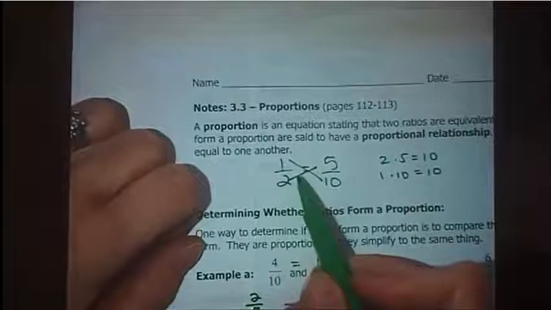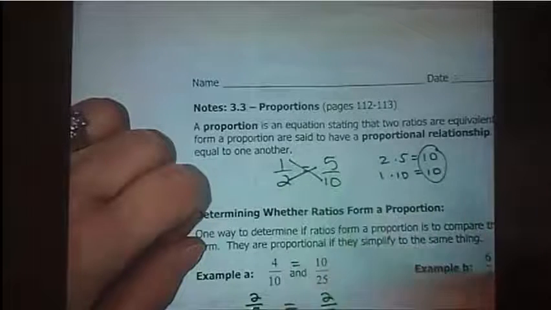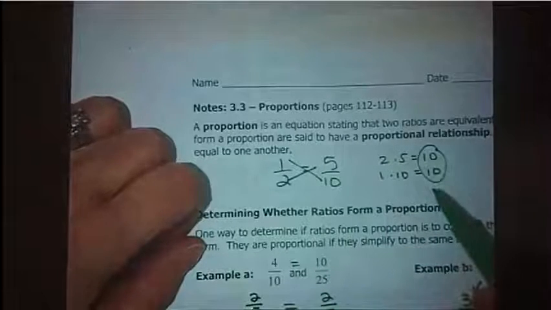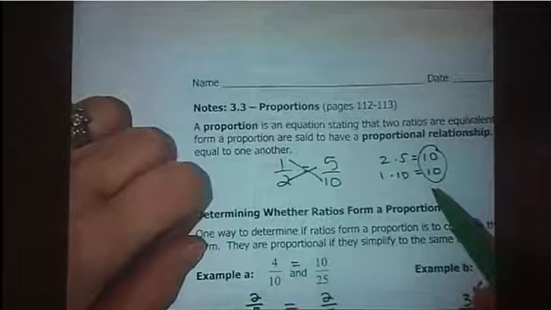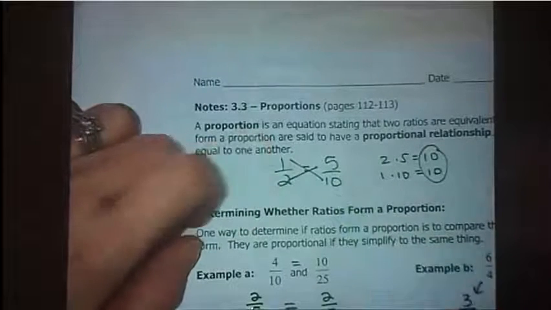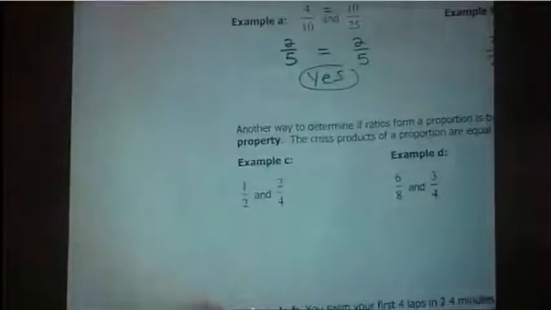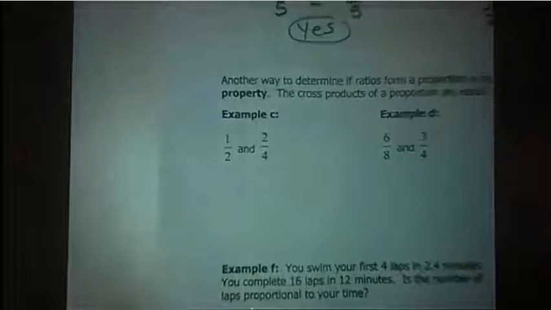That's what they mean by cross products are equal. When you multiply across, you get the same product for both. That works for every single proportional relationship. When you multiply across, if you get the same result, they are proportional. So instead of having to simplify each one, you could just multiply across to find out.